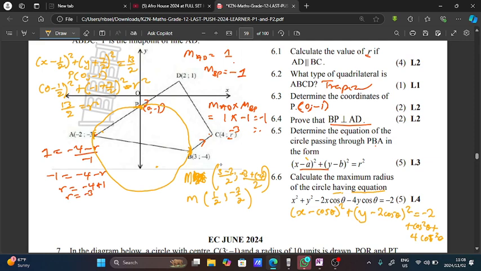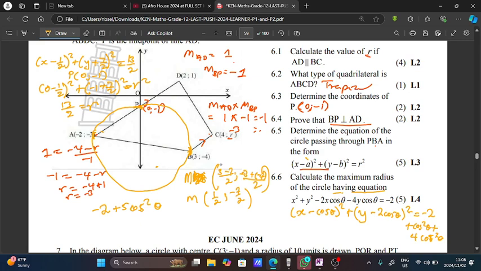So now, they want the maximum. Let's see. It means we'll say now negative 2 plus 5 cos squared theta. Can you see that? Now let's focus here.